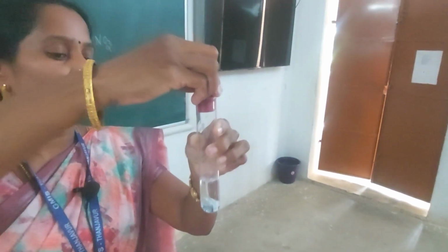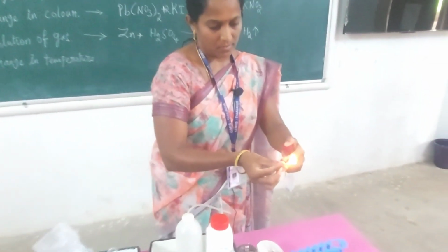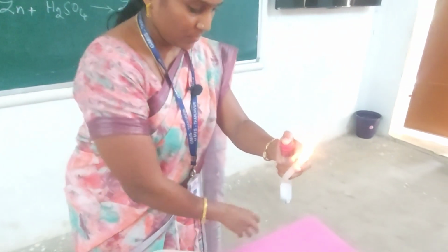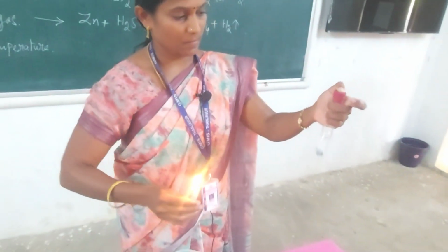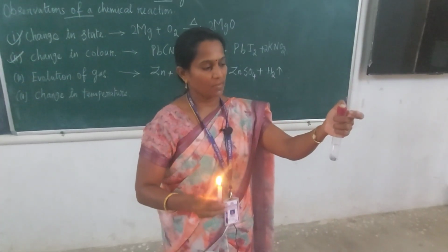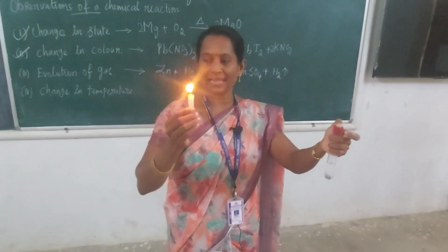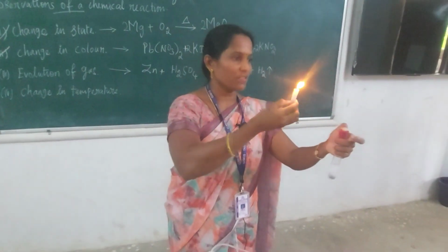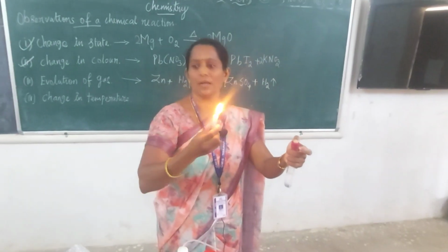See, the bubbles are formed around the zinc granules. Those bubbles indicate the formation of gas. When we bring a burning candle near to the mouth of the test tube, it burns with a pop sound.